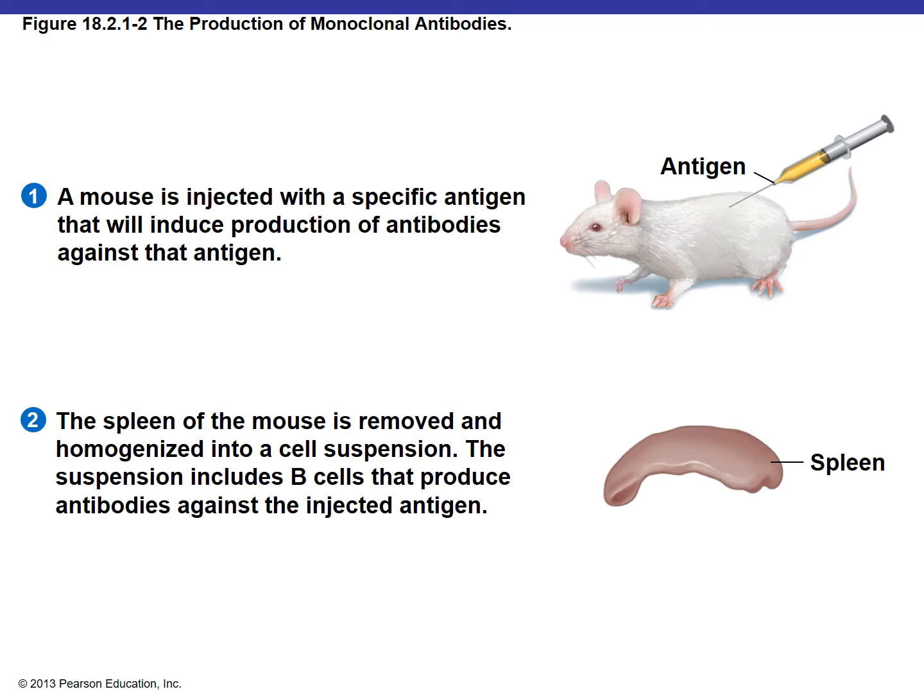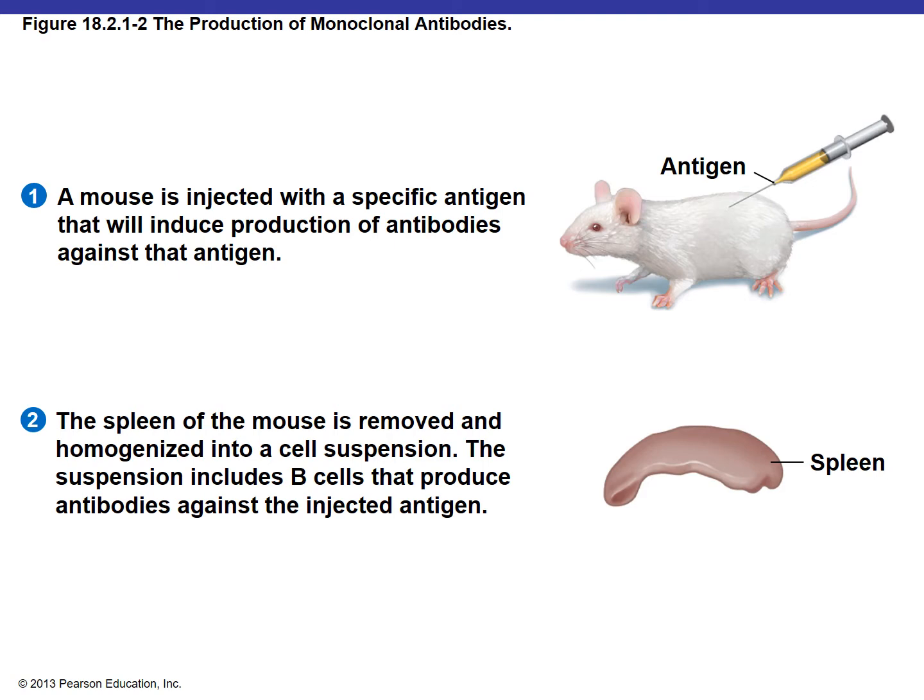So in the spleen, you're going to have a bunch of B cells producing antibodies. Remember when I said that an antigen has different epitopes, and each one of the vast array of B cells that you have has a slightly different receptor that can bind to these different epitopes on an antigen.